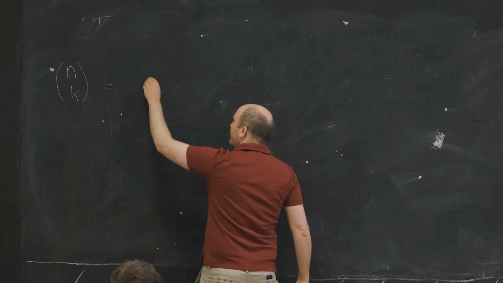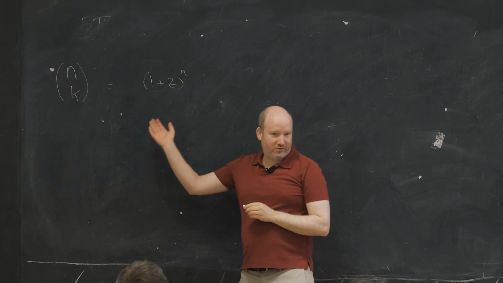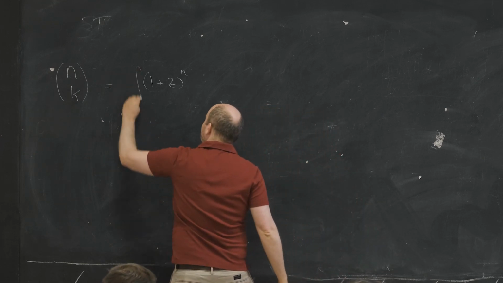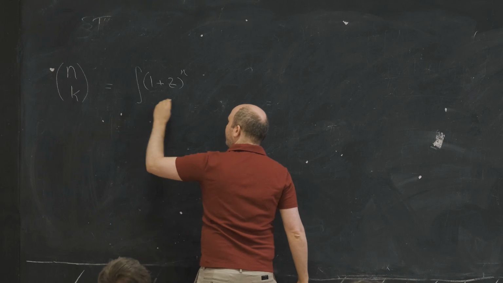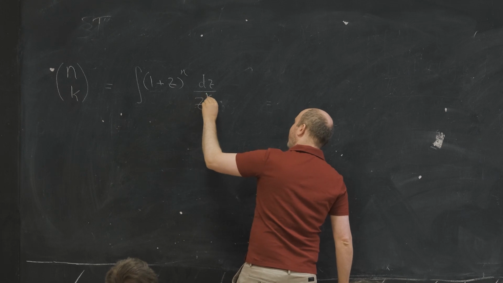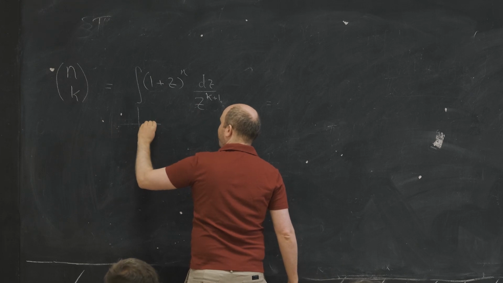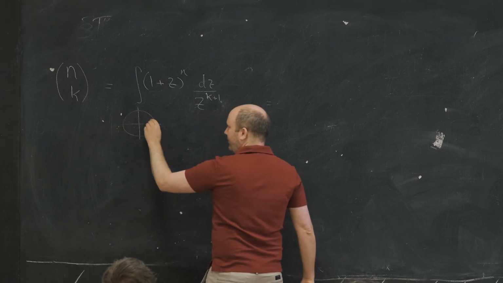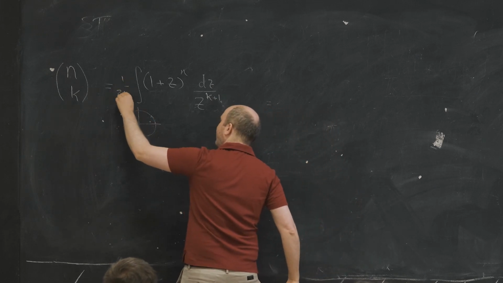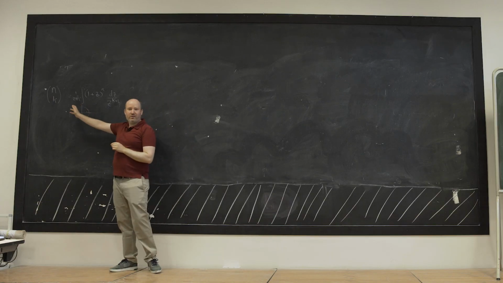If we look at 1 plus z to the n and expand this, the coefficients are n choose k. We know this. But if we take a contour integral in the z variable, dz, and divide through by z to the k plus 1, integrating over a contour that includes 0, maybe of radius 1, and divide by 2 pi i, then the Cauchy residue theorem tells me that this is an equality.